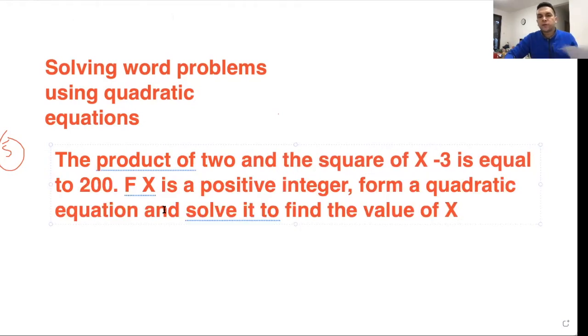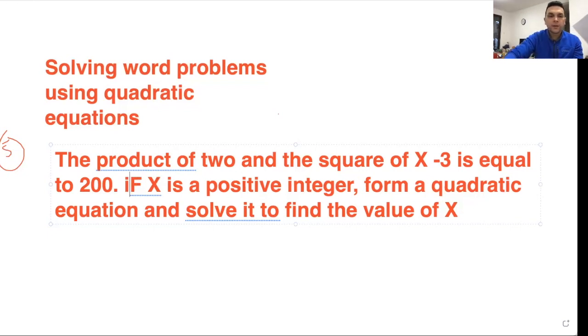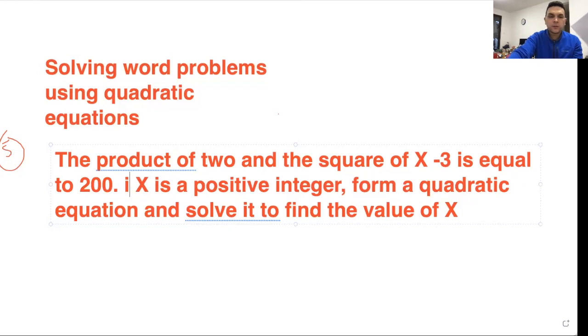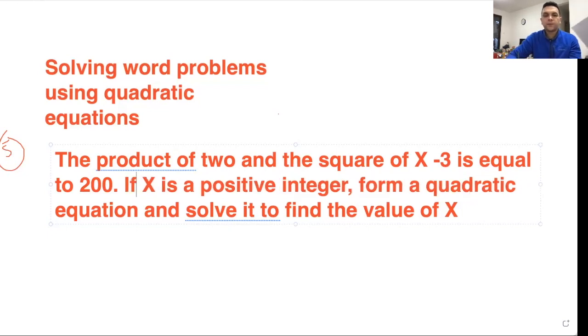The product of 2 and the square of x minus 3 is equal to 200, is that right? If x is a positive integer, form a quadratic equation and solve it to find the value of x. All right, let's just add a little something here, parentheses, for this.